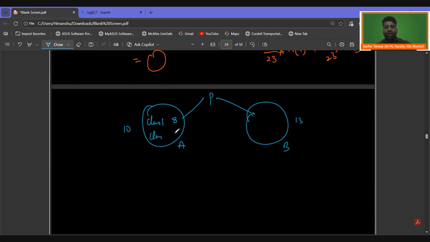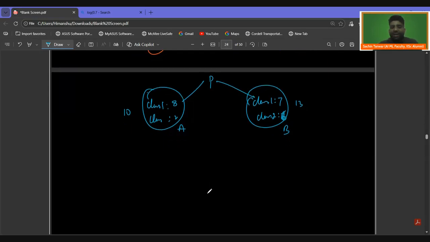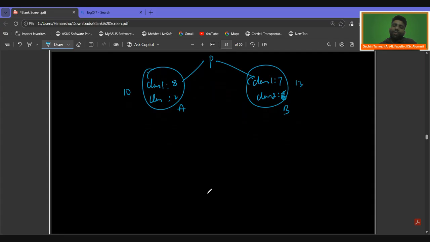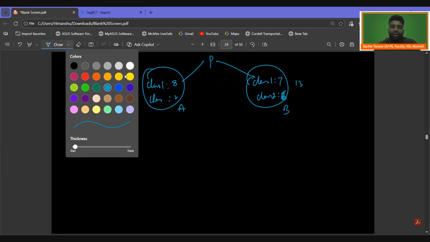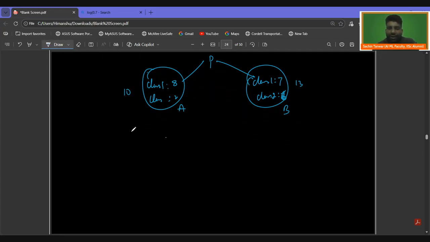Class 2 had around 2. Class 1 had 7. Class 2 had 6 data points. Okay, over here, 6. Now, how would I calculate the Gini impurity and Gini index? I'll bring in the idea for both. So the idea over here is Gini impurity for A.